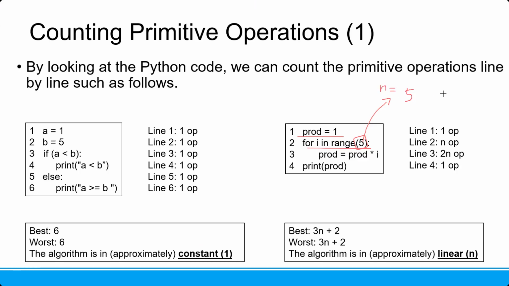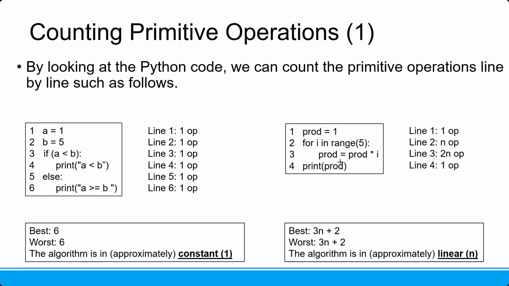If the number is 10, then n equals 10. If you do 5 times, then there will be 5 operations. If you do until 10, then there will be 10 operations. So that's what we call n operations.